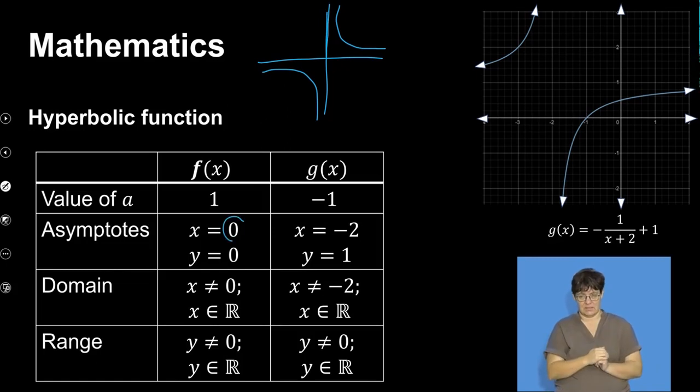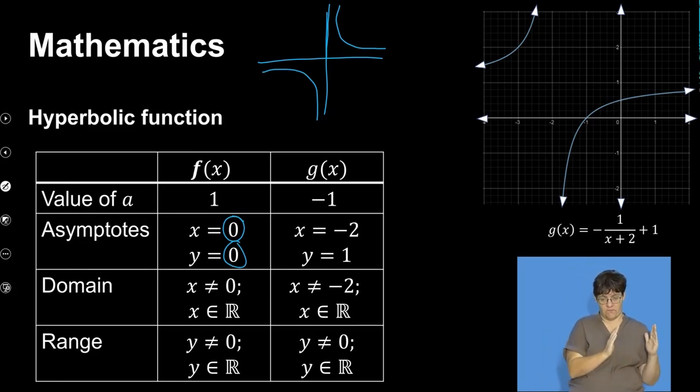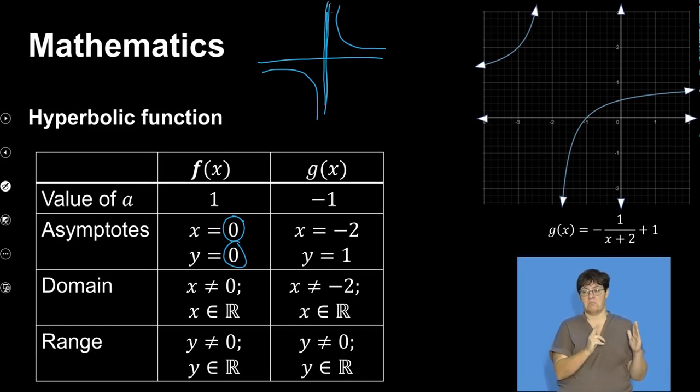So it was x equal to 0 and y equal to 0. But the graph was now shifted 2 units to the left. So instead of it now becoming x is equals to 0, it moves 2 units to the left, which will land at minus 2. Hence, the new asymptote is now x equals to minus 2.